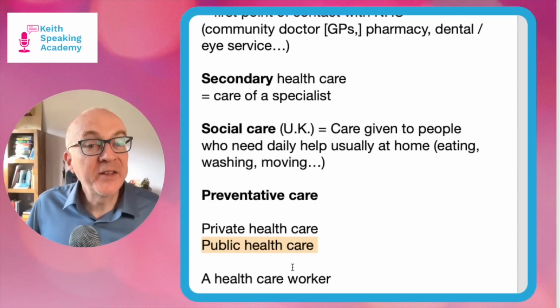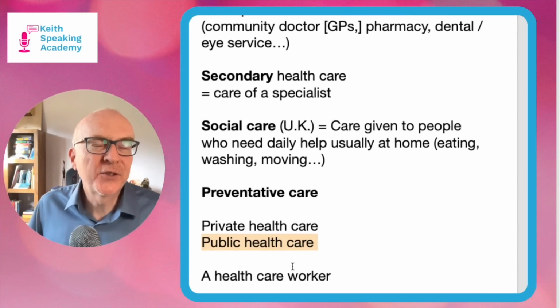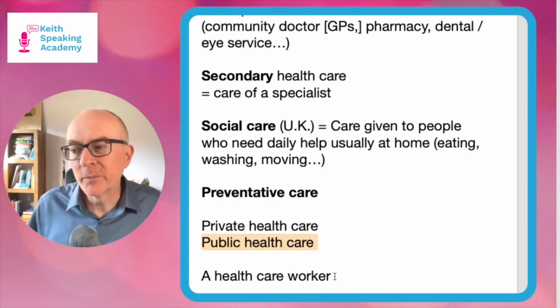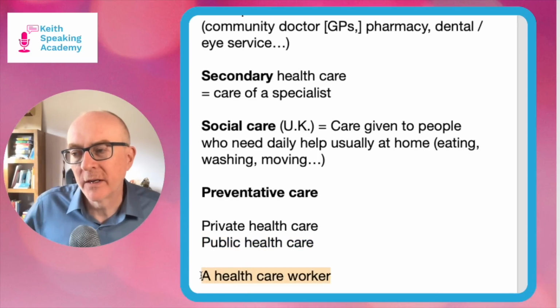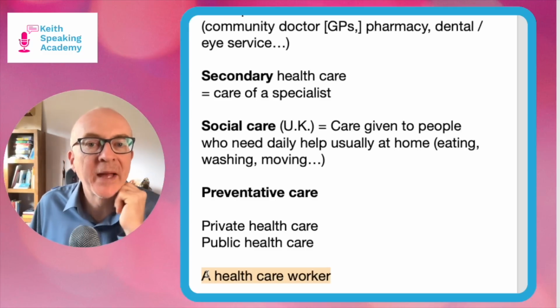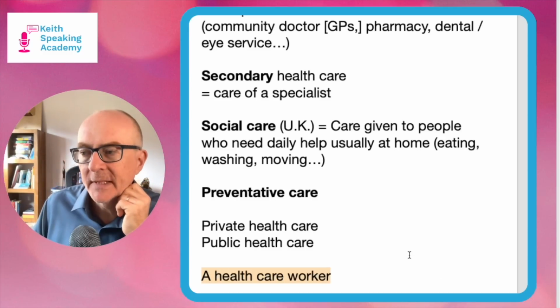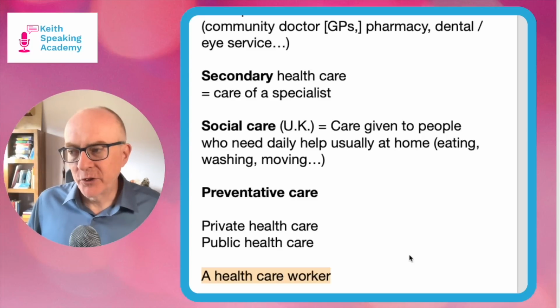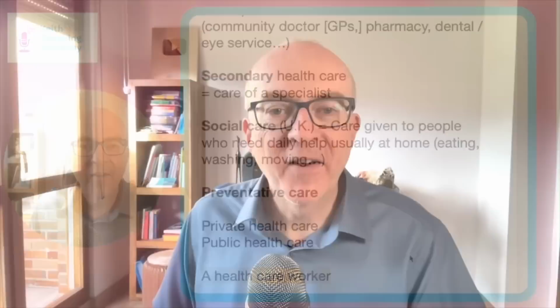And all of the people in the hospital, the doctors and the nurses, you can call a healthcare worker. So those are the jobs in the hospital that look after people, right? The healthcare worker. Okay, excellent, good. I think we're there. Lots of vocabulary, a lot of vocabulary, okay?